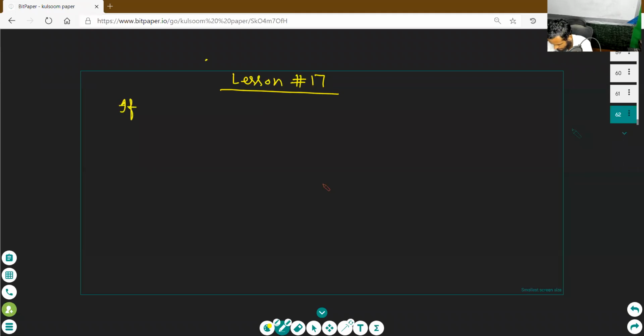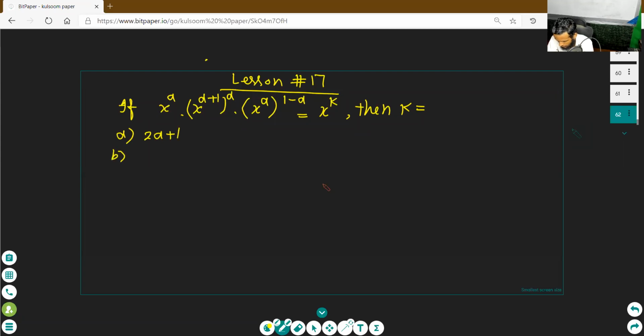If x raised power a plus 1, x raised power a into x raised power a into 1 minus a is equal to x raised power k, then k is equal to: a is 2a plus 1, b is a plus a square, c is 3a plus 1, d is 3a plus 1, e is a cube plus a.